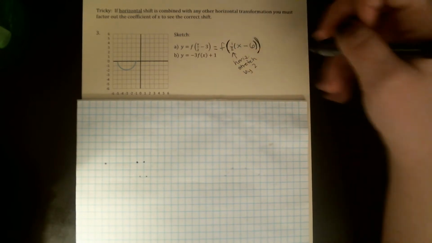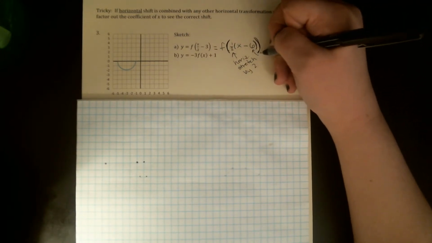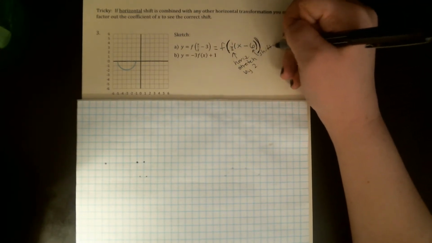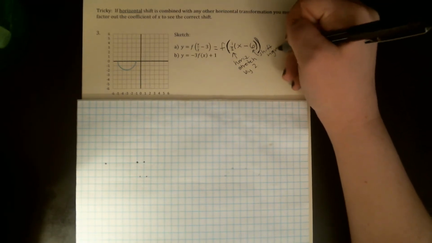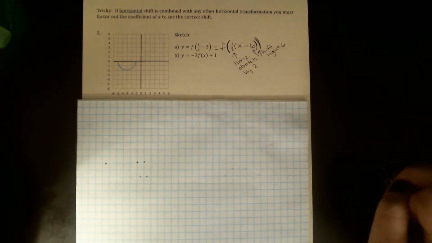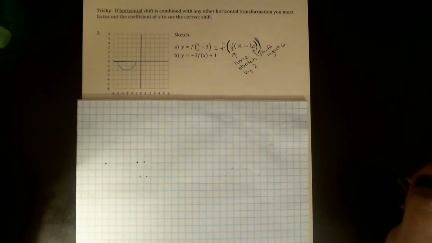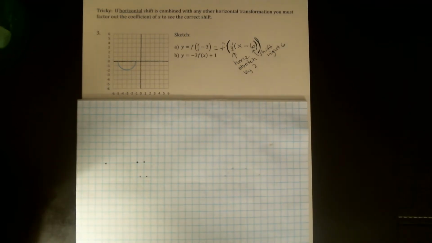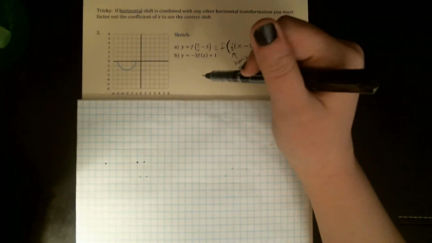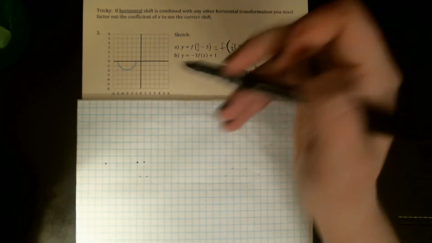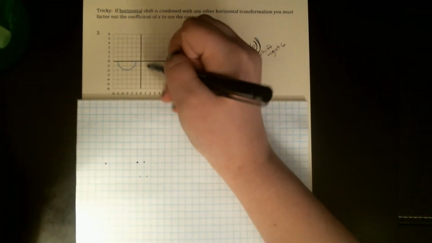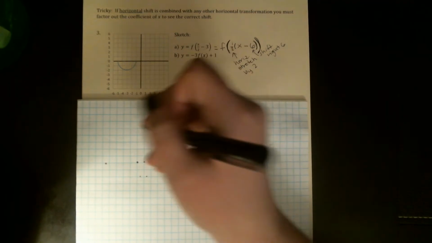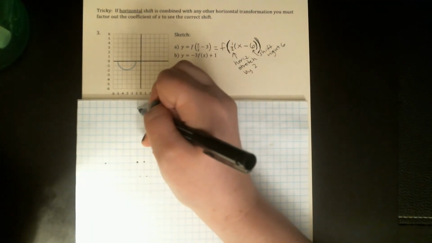So this is a horizontal stretch, and this is a shift right. I'm going to take this graph and make it twice as wide and then move it right 6. So it's going to end up a little way into quadrant 4, not 1. It's still going to be down below, so quadrants 3 and 4, I think, is what I need to see.